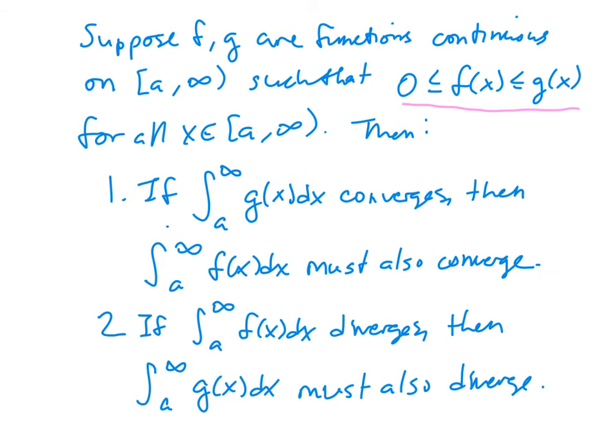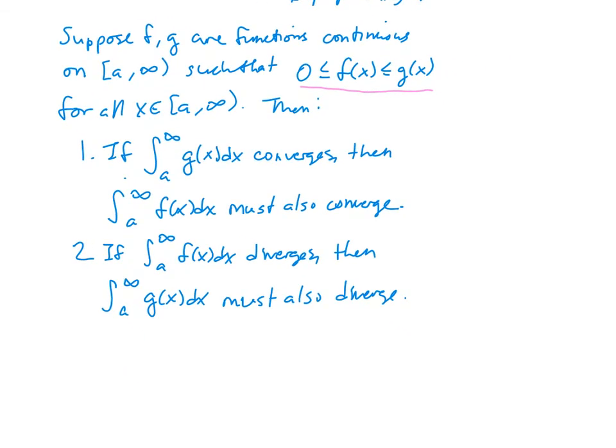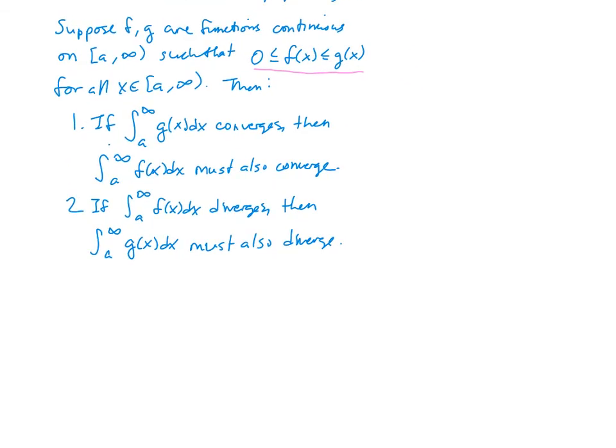We might put that colloquially in a little bit tighter language. The basic idea here is that, number one, smaller than convergent is convergent.